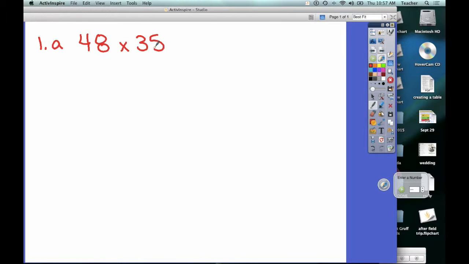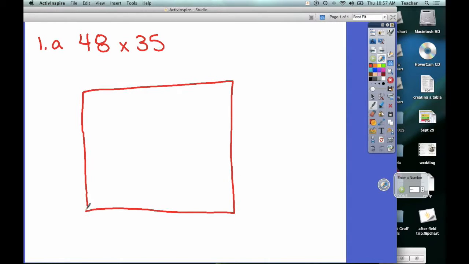Okay, this is a lot like what we did yesterday, but we're just kind of building onto it. So we would start with an area model. Where would I put the 48?